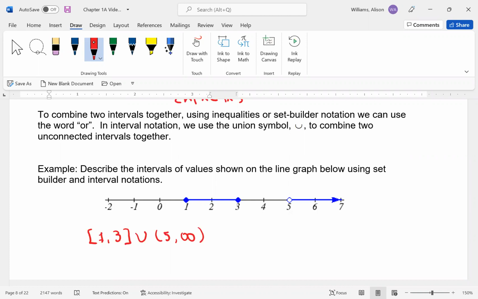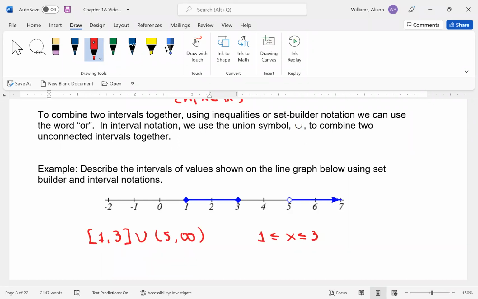Okay, so in set builder notation, we would write these as two inequalities. So the first one, when you're saying that it's between 1 and 3, we would write it with the x trapped between the numbers 1 and 3. And then I'm using equal to signs on the 1 and the 3.